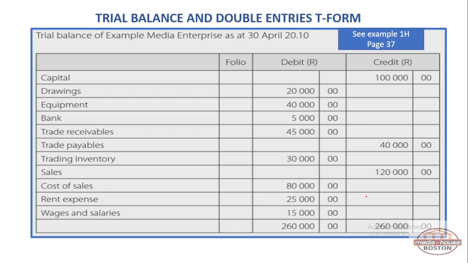And then there is an activity in your textbook on page 37, example 1h, showing that they have already prepared the trial balance, and now there are transactions that occurred maybe after the 25th, and they have to be included within your trial balance.